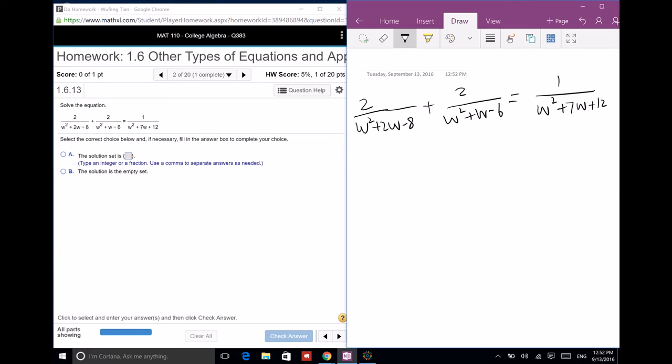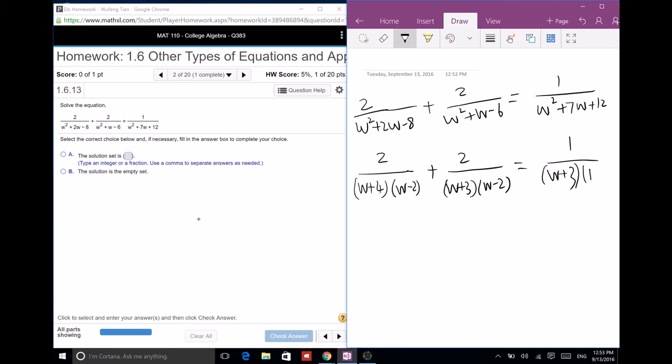You need to factor all of the denominators. The first one factors into w plus 4 times w minus 2. The second one factors into w plus 3 times w minus 2. The last one factors into w plus 3 times w plus 4.